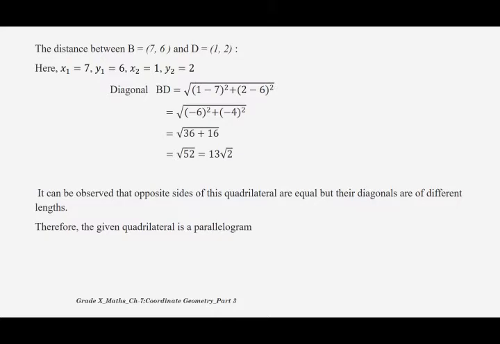Now, we'll find the distance of the second diagonal BD and the length of the diagonal is 13 root 2. Now, using all the above answers, we can observe that opposite sides of this quadrilateral are equal, but their diagonals are of different lengths. So, the quadrilateral is a parallelogram.